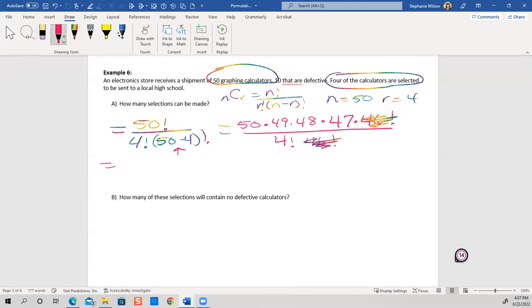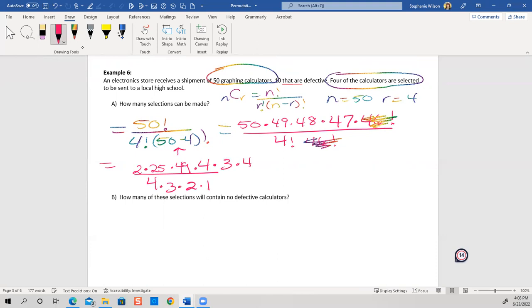I see that I got a 4 factorial in the denominator, so it's going to be 4 times 3 times 2 times 1. So I can break 50 down as what? 2 times 25. 49 is made up of 7, so I'm going to leave it alone. 48. 4 goes into 48 12 times. So 4 times 12, well, 12 is, how about 3 times 4?